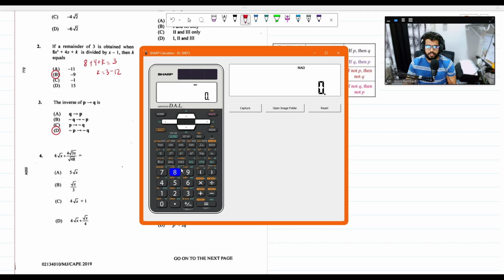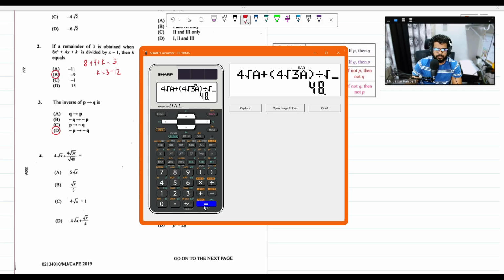So 4 root a plus 4 root 3a, and I'm going to put 4 root 3a in brackets, divided by root 48.